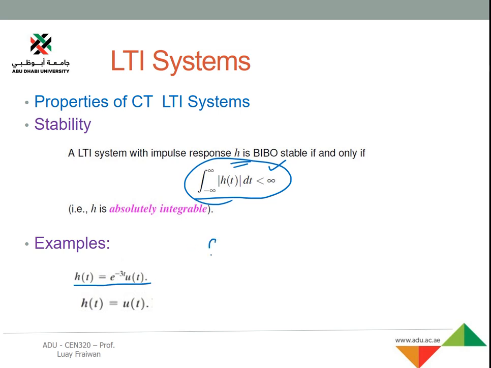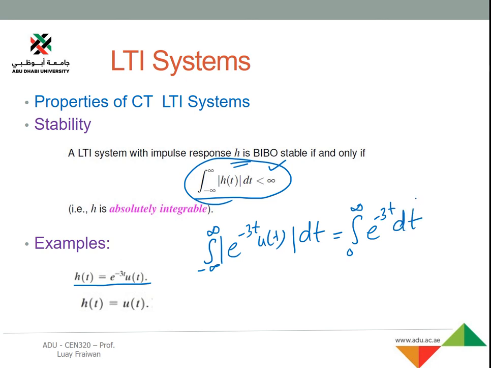So what is the condition I have to satisfy? I have to integrate the magnitude of this with respect to dt. Because we have a unit step here, the unit step changes the integration limit from 0 to infinity, so it becomes the integral of e to the power minus 3t dt, right?